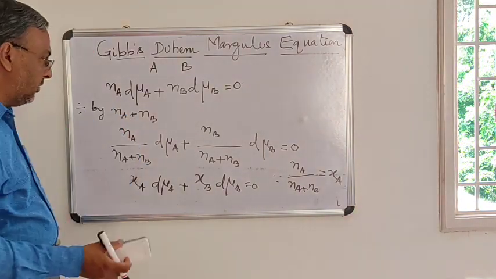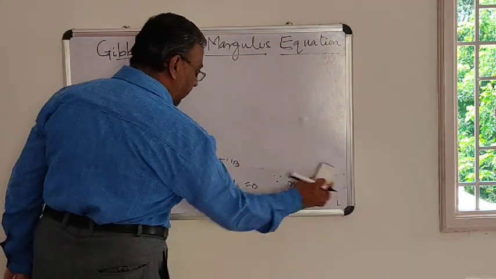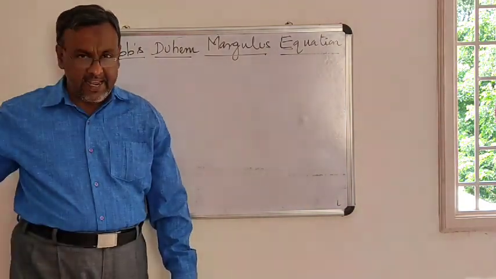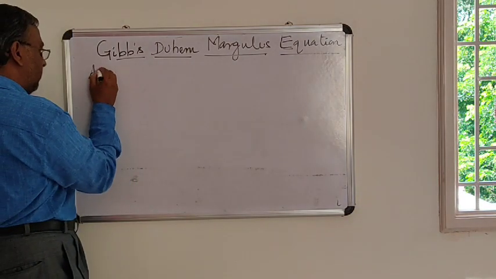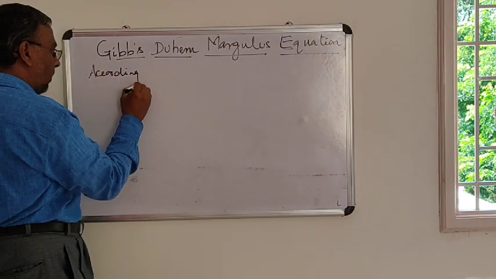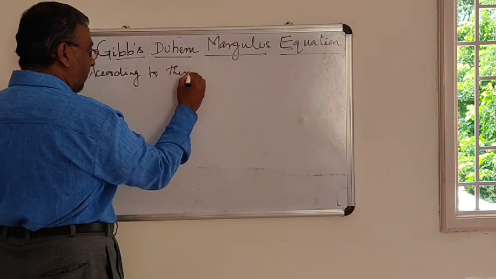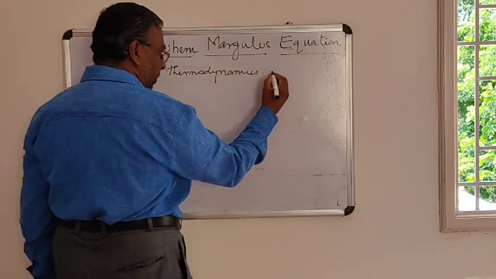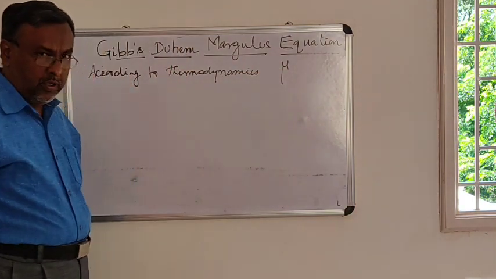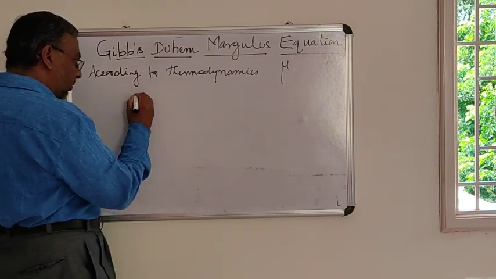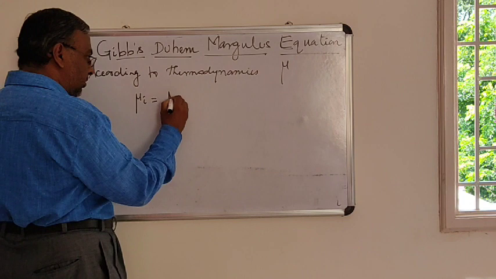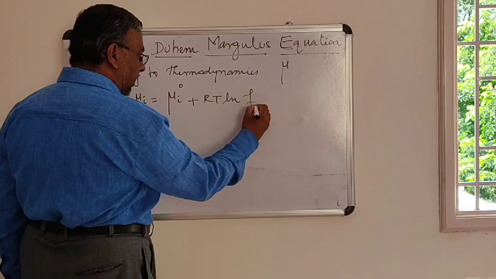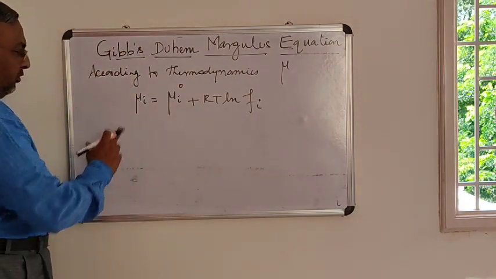Now, according to thermodynamics, the chemical potential can be written as mu I is equal to mu I naught plus RT ln Fi. What is mu?